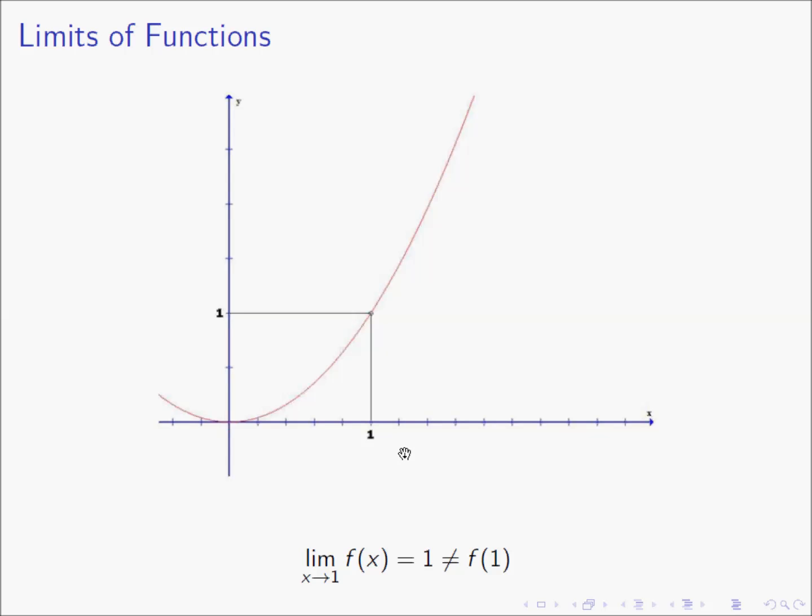And this means that it doesn't matter what the value of f of 1 is. We could take, instead of f of 1 equals 0, 1 million, for example. And those are the types of limits that are most useful in calculus and all other sciences.